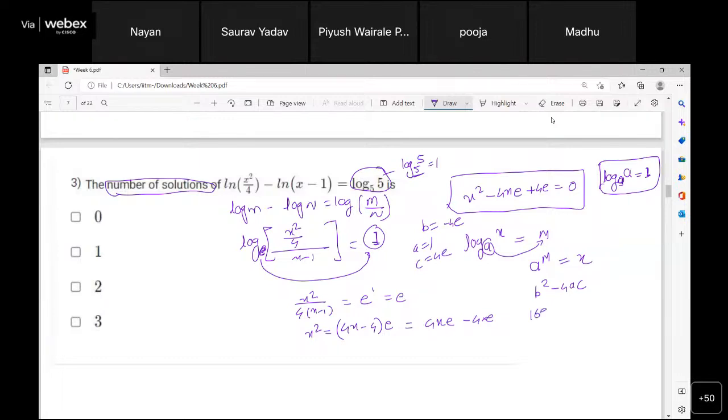So it will be 16e square minus 4 into 4e into 1. So 16e square minus 16e, right?